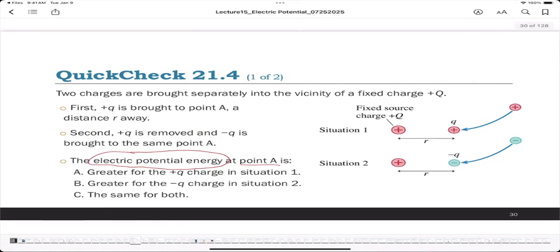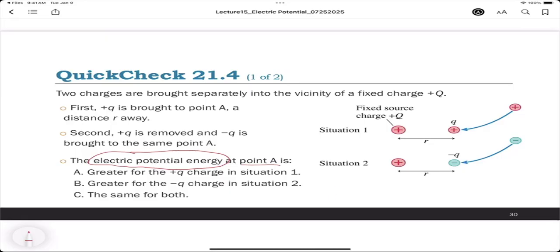Is it greater for the positive charge in situation 1, or greater for the negative charge in situation 2, or the same for both? Actually, we know the equation for the electrical potential energy is U equals what? Equals qV, am I right? V is the electric potential.